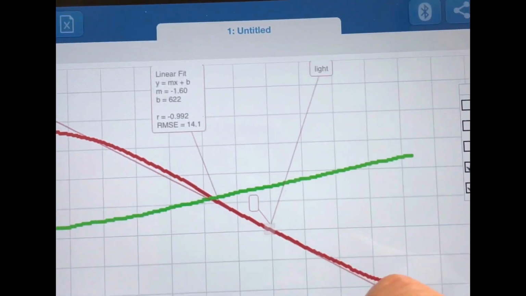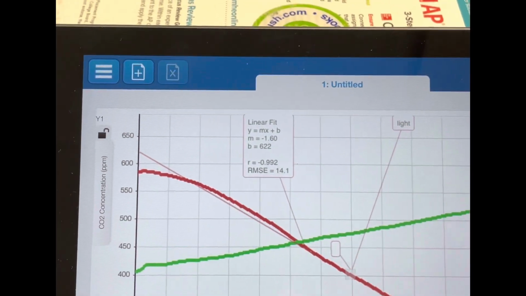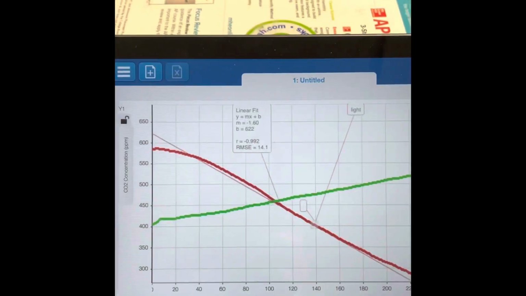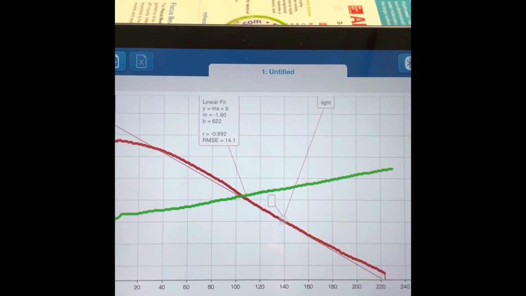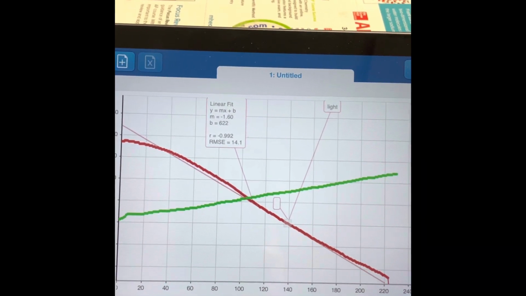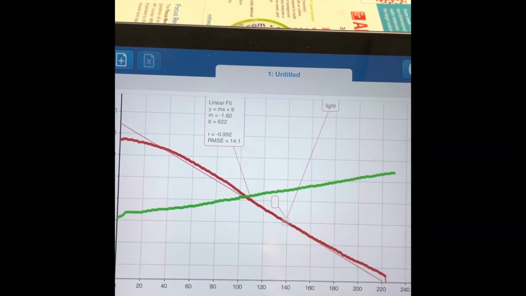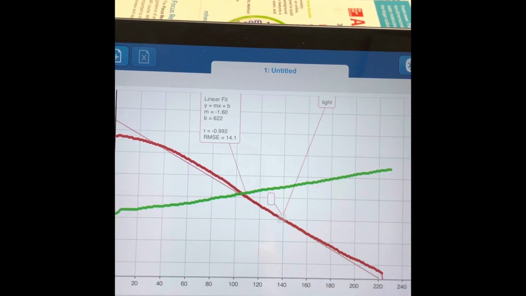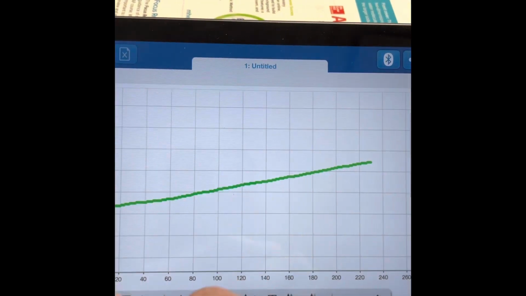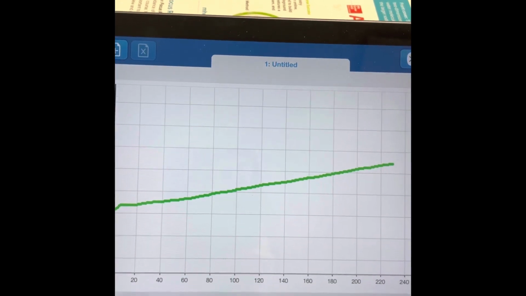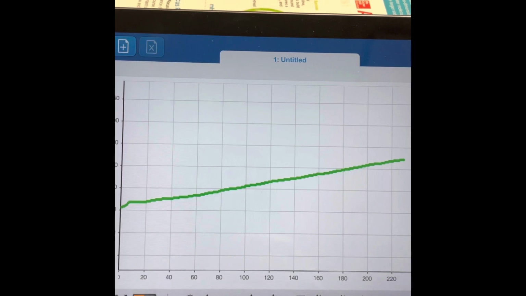And okay, looks good. We'll stop collecting data at that point. We've stopped collecting data. Let's concentrate on the dark. So I'm going to get rid of the light run there just for a moment, and let's do an analysis here. I'm going to do that real quick and get right back.